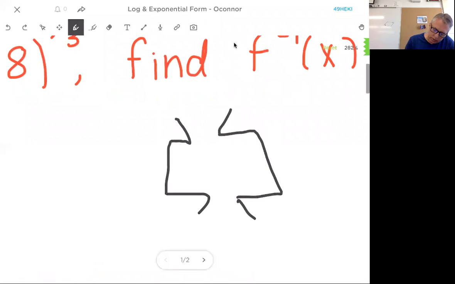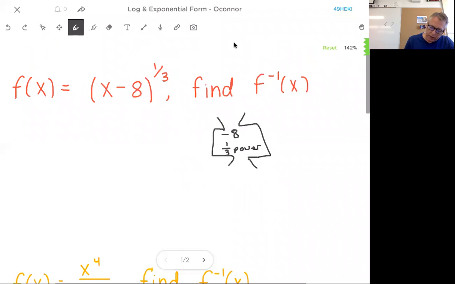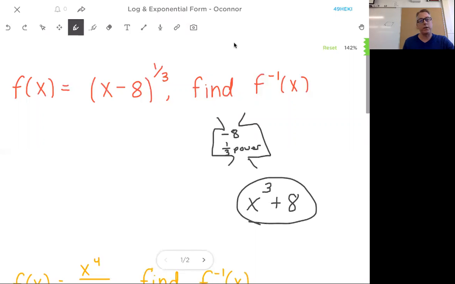So to undo that, I have to cube it. And then to undo the subtract 8, I have to add 8. That is our answer, x cubed plus 8.